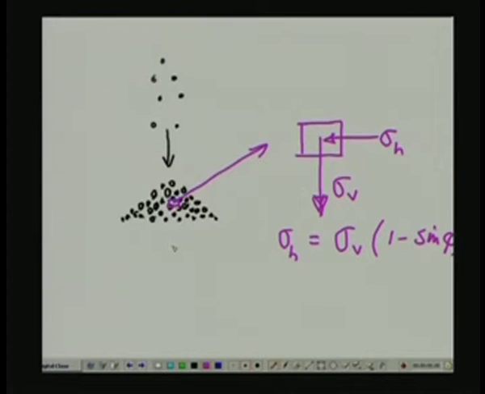As a result, this type of soil generally behaves in a much stronger manner if it is subjected to a deformation process in the vertical direction than in the horizontal direction, and such a behavior is called anisotropic stress strain behavior.